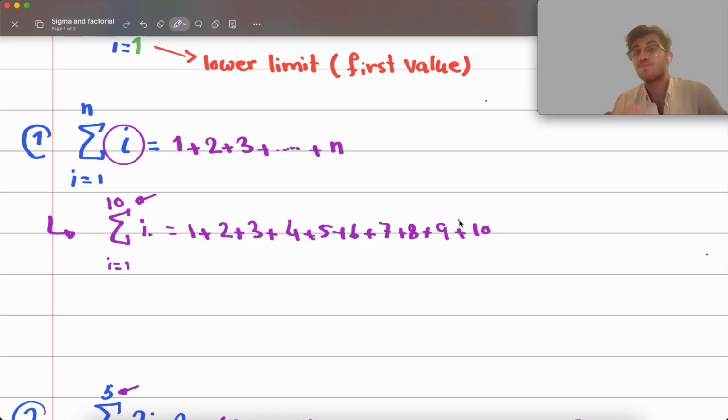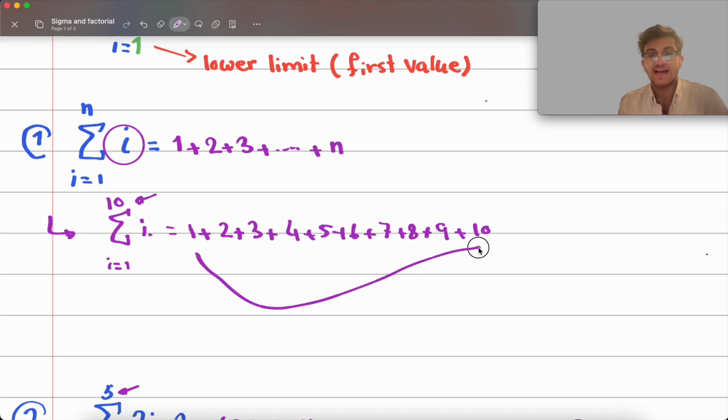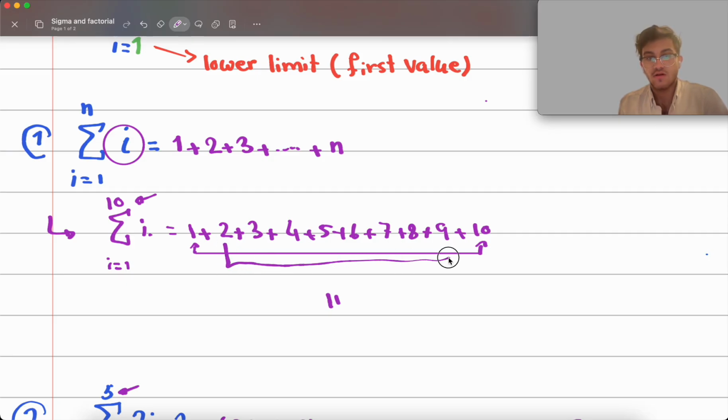I wrote all of them because I'm going to show you a pattern. If I add the first term with the last one, I'm going to get 11. If I do the second one with this one, I also get 11. This one with this one right here, also 11.